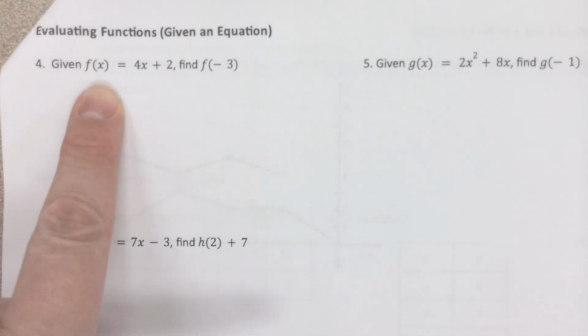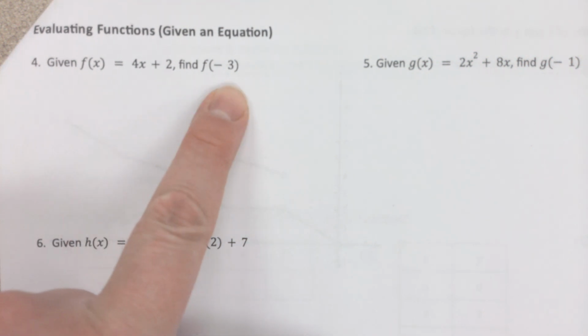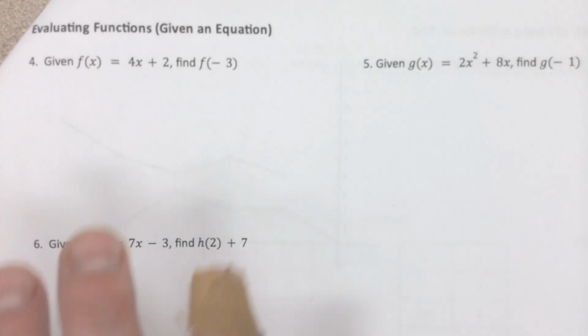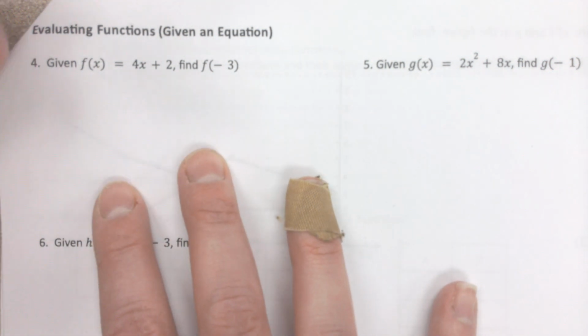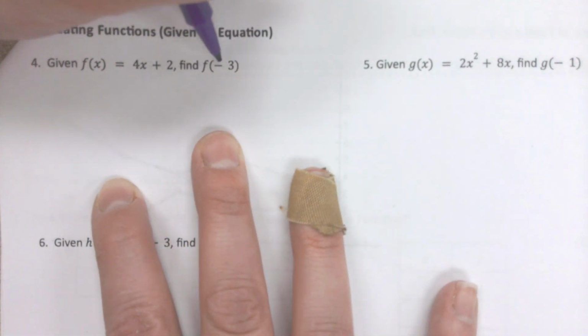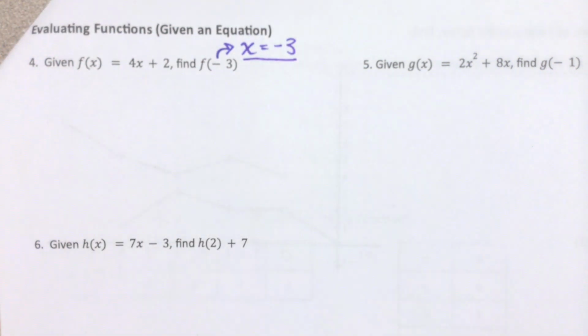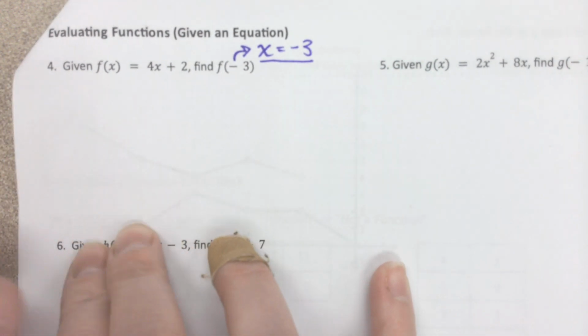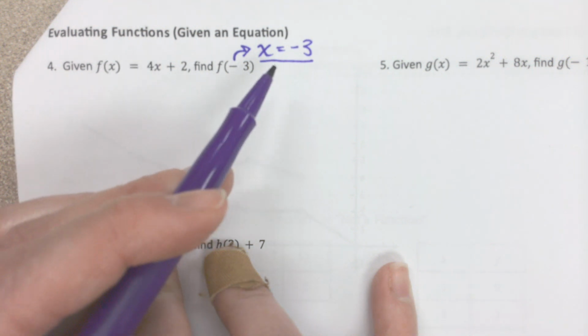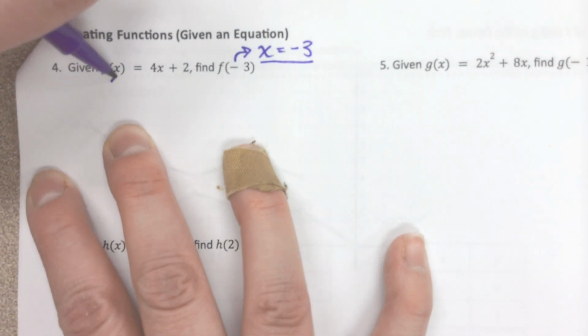Given f of x equals 4x plus 2, find f of negative 3. So again, this is telling us that x is negative 3. That's what that means. So anytime we see an x in the equation, we're going to put negative 3 in its place.